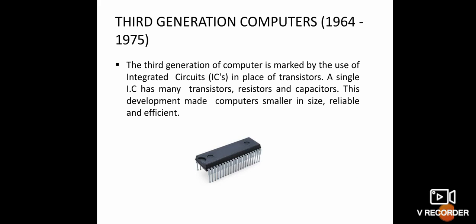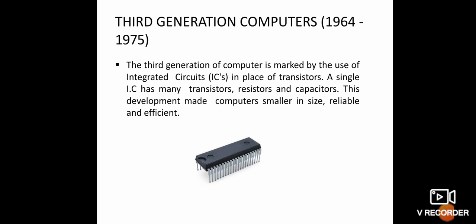Next, moving forward, we are going to see the third generation computer. They use integrated circuits. An integrated circuit is nothing but it consists of many transistors, resistors and capacitors. Okay, what is a transistor? It is a semiconductor device used to amplify or switch electronic signals and electrical power.